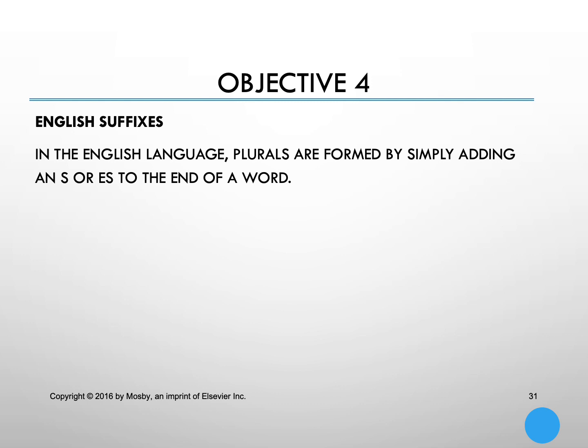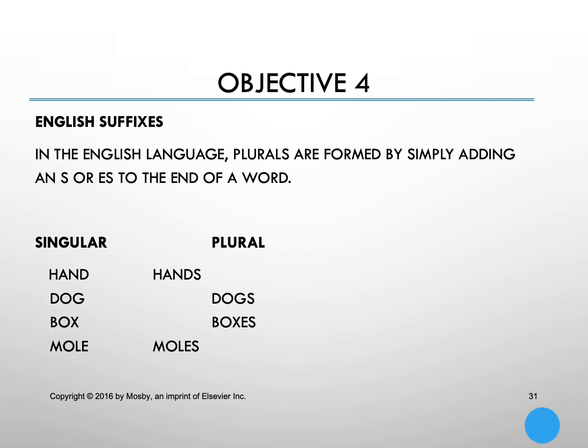So that's how we do it in the English language. Here are some examples that the book gives. Sorry, they're a little wonky as far as their orientation here. But again, singular hand, plural hands, singular dog, plural dogs, singular box, plural boxes, singular mole, plural moles. Okay, if only all English was that simple, right?